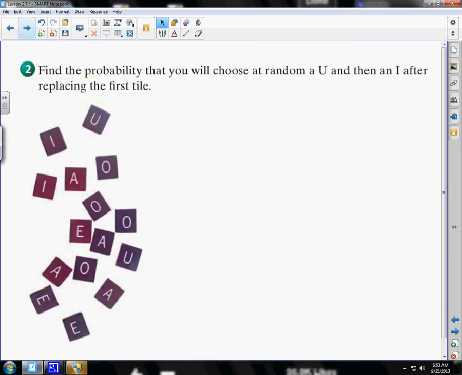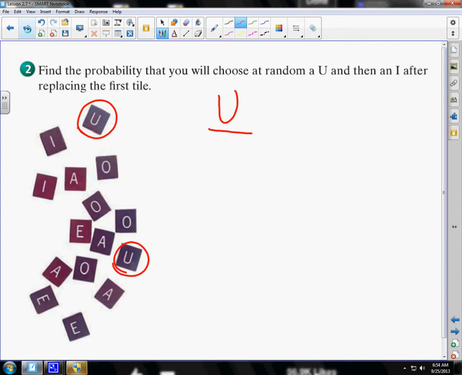So, number 2, find the probability that you will choose at random a U and then an I after replacing the first tile. You have to read your directions very carefully because you want to replace the tile. So this is like Scrabble. You want to pick out a U, and then I'm going to put the U back and I want to pick out an I. To pick out a U, there is 1 here, 1 here, and then there's no more.